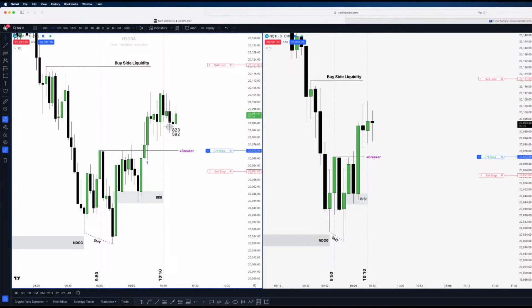Still, if we see a closure above, that's gonna be a very high probability signal to push higher. Closing at break even.